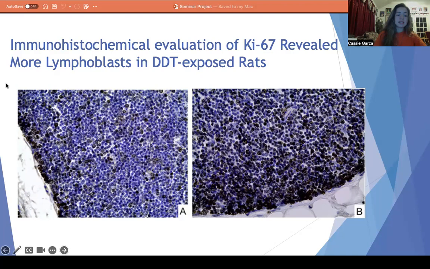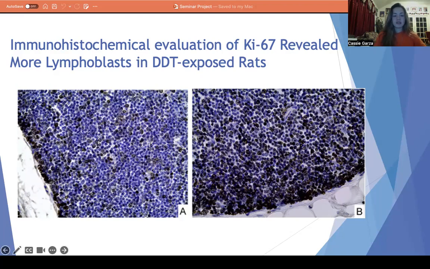The black cells are lymphoblasts. Like I said, Ki-67 is present in cells that are mitotically dividing, so that's going to be the lymphoblasts. The blue cells we can think of as regular T cells. They're adult, already matured. They're not lymphoblasts, so they're more developed than that.